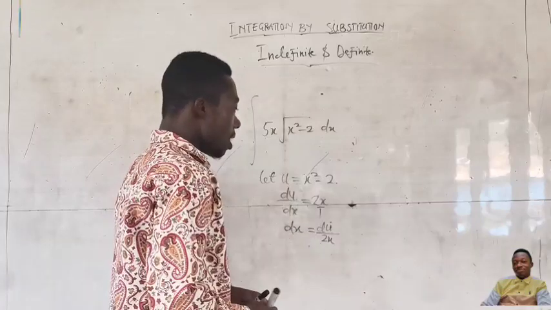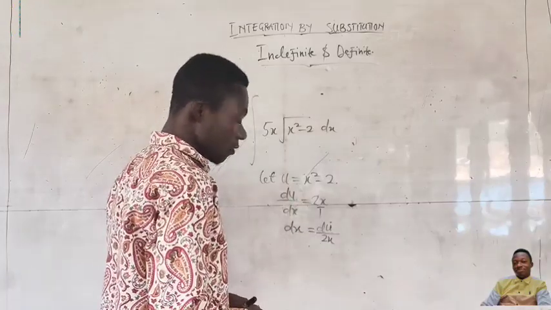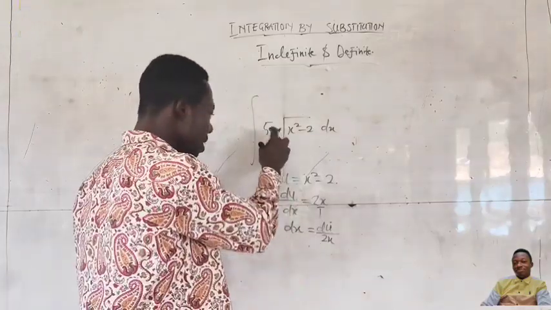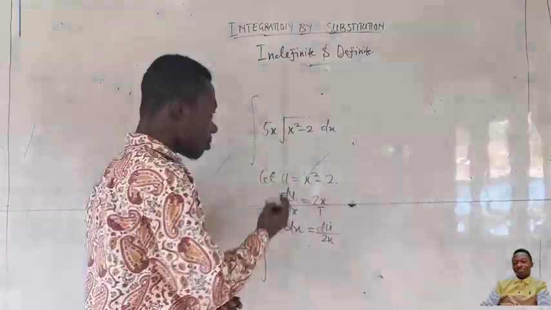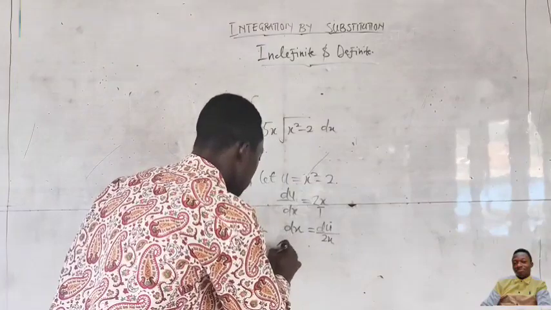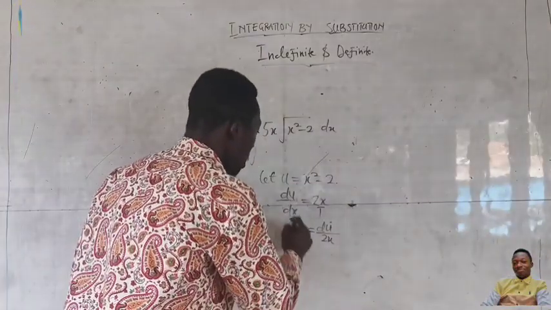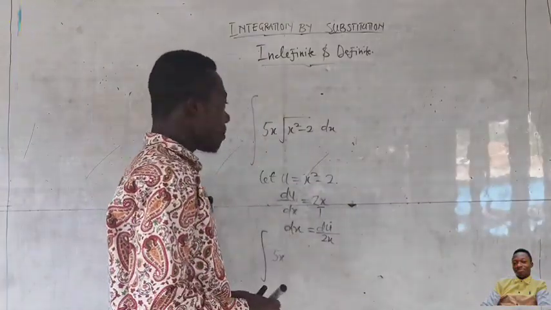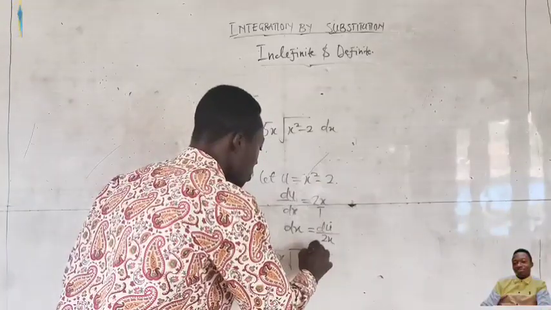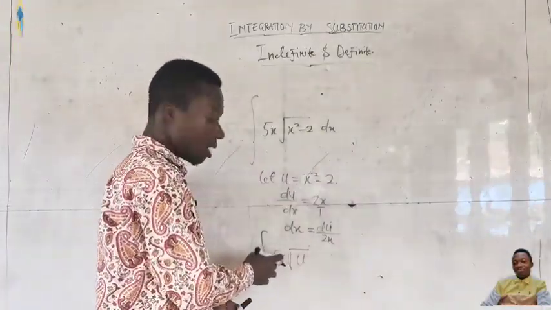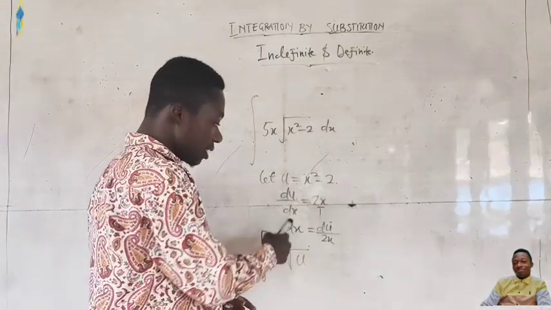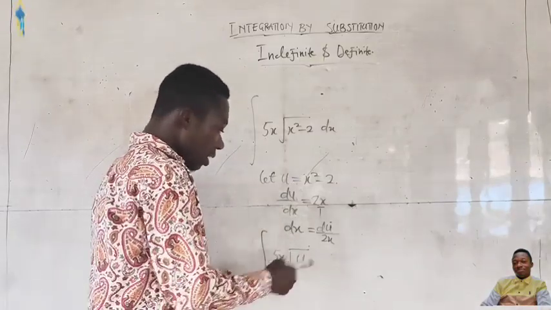We keep it there and go back to the function. We have our integral and we haven't integrated yet; we are still in the process. We have 5x, and since u is x squared minus 2, we have the square root of u.